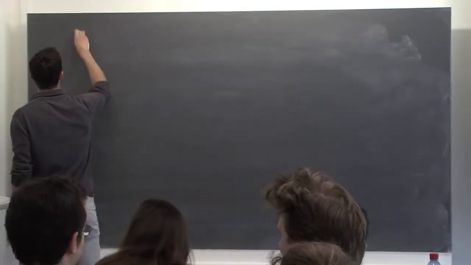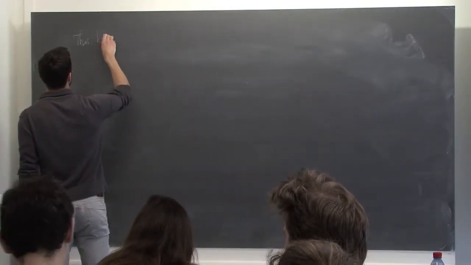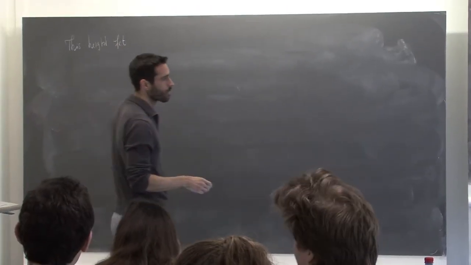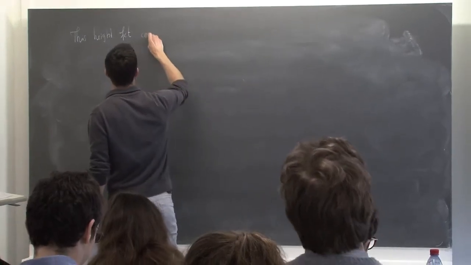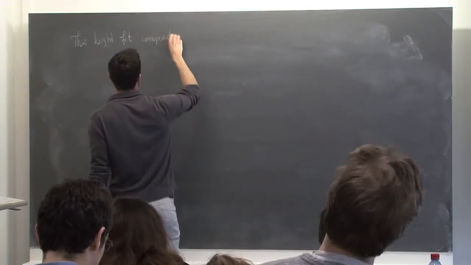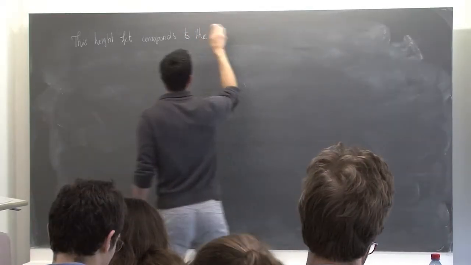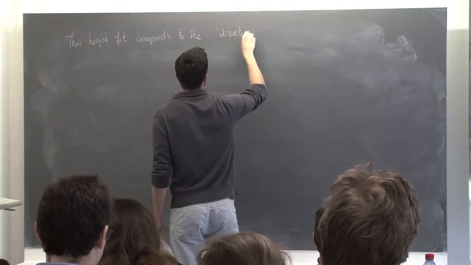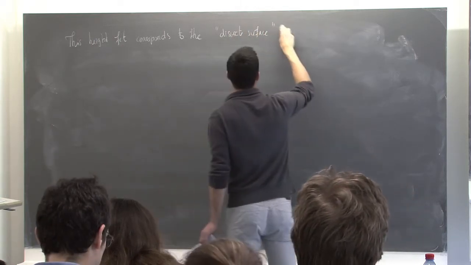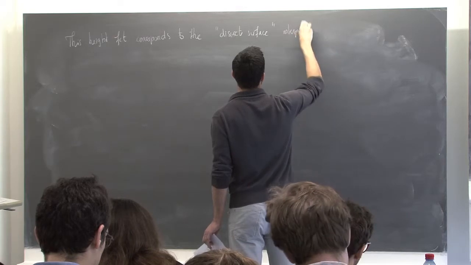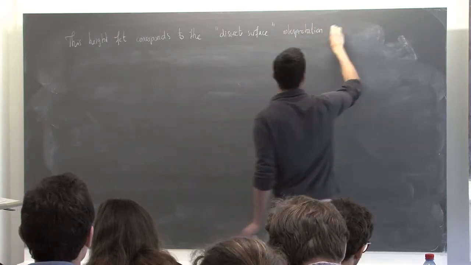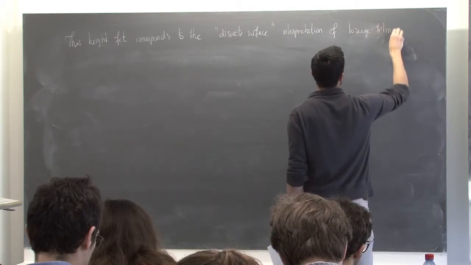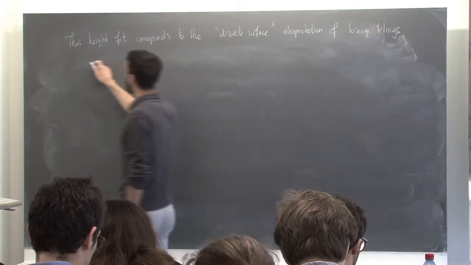This height function corresponds to the discrete surface interpretation of lozenge tilings, as explained in the introduction.